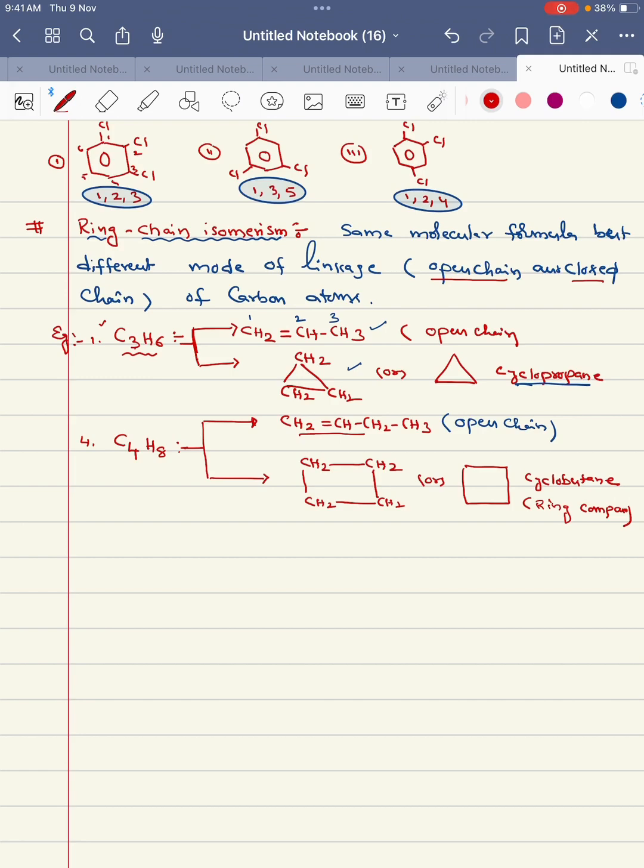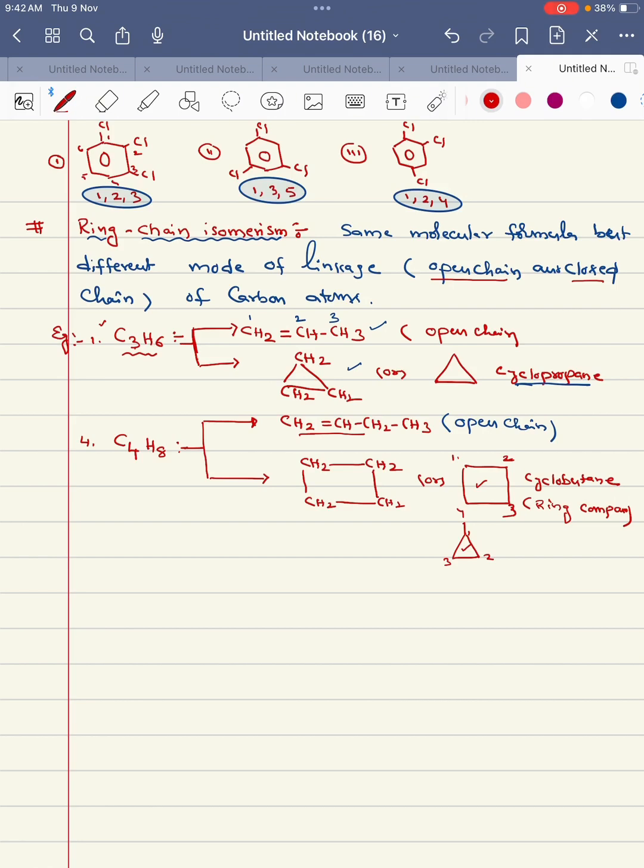See that. Again I am going to write like this. In total, how many carbons are in the parent chain? 4 are there. Now I am going to decrease the size of the parent chain. Now it becomes 1 methyl cyclopropane. Now this compound and this compound are which type of isomers? They are obviously chain isomers, because the total number of carbons in the parent chain is 4 here and 3 here.